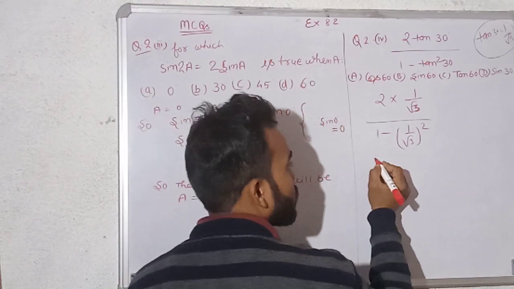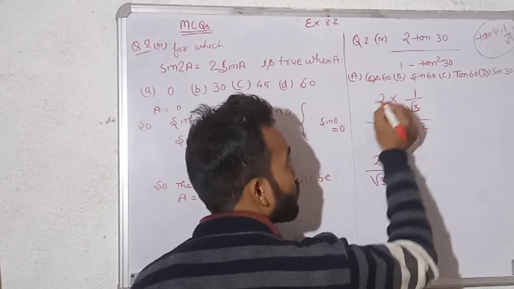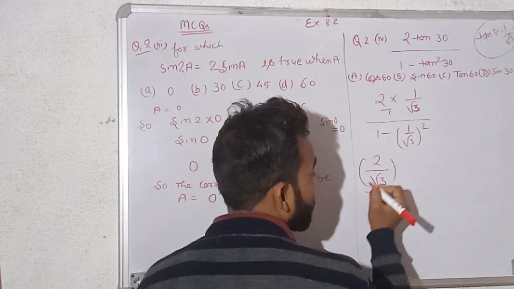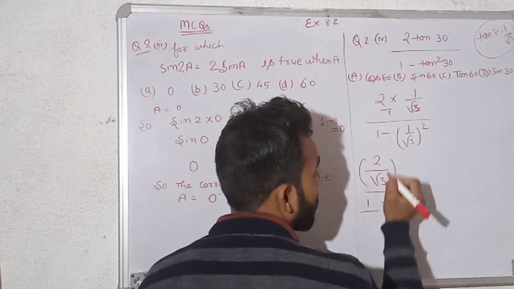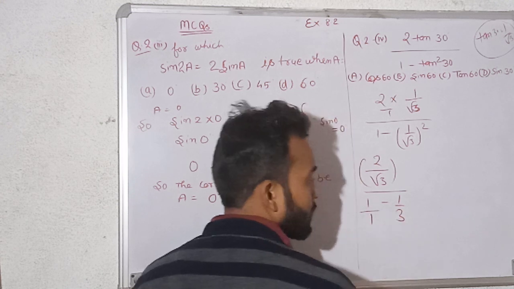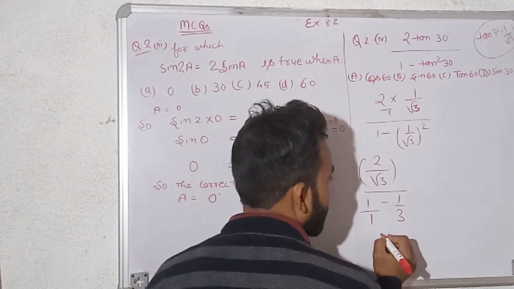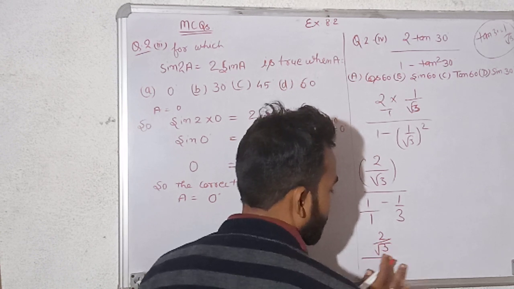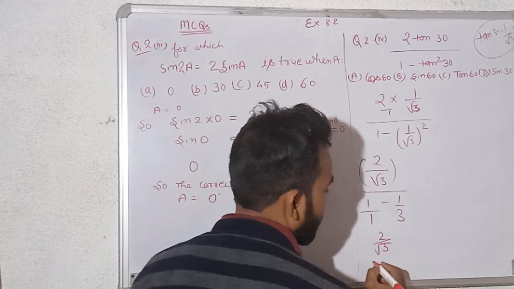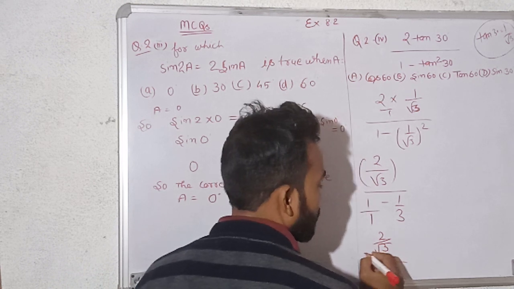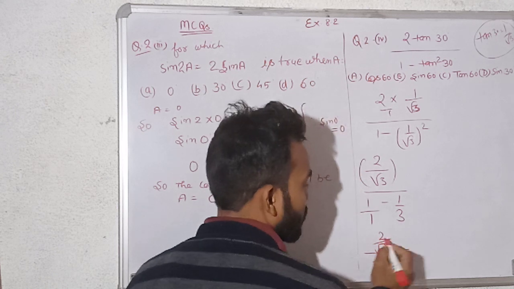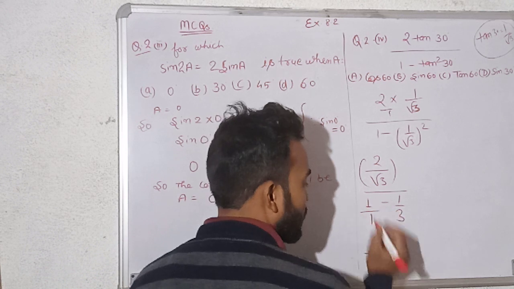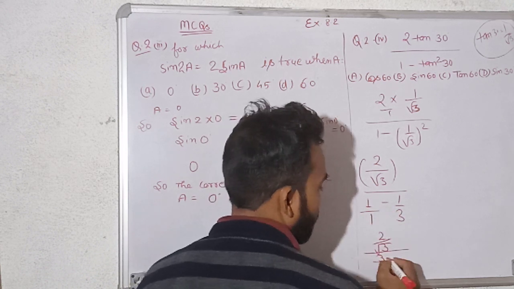Clear? 2 upon root 3 whole upon 1 minus 1 upon 3. Clear? 2 by root 3, LCM of 1 and 3 will be 3. Clear? 1 divided by 3 and becomes 3. 3 multiplied by 1 and become only 3. Minus 1.